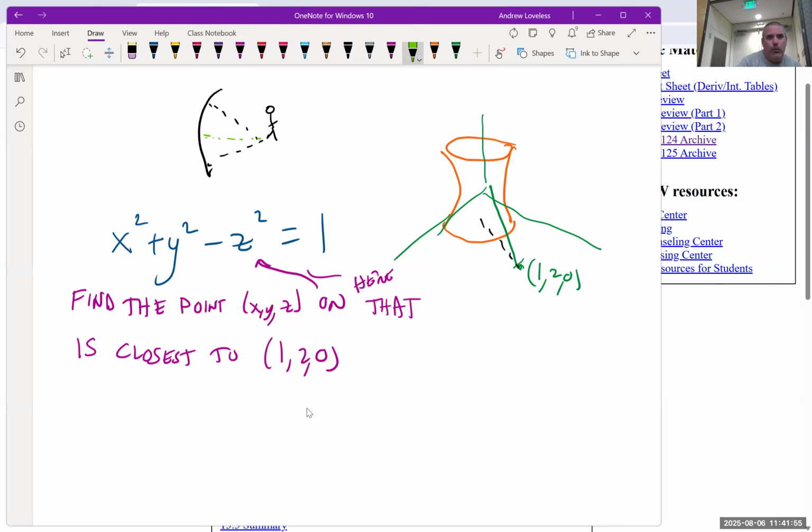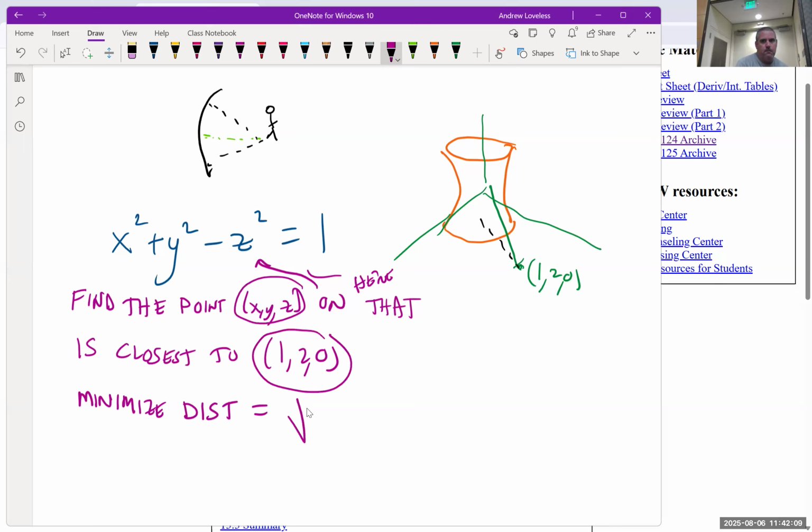Okay, so we are trying to minimize distance. The distance from this point to this point. Minimum distance questions, if you're using calculus to solve them, all kind of start the same way.